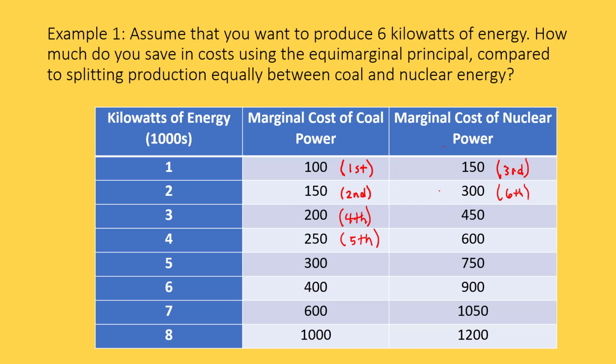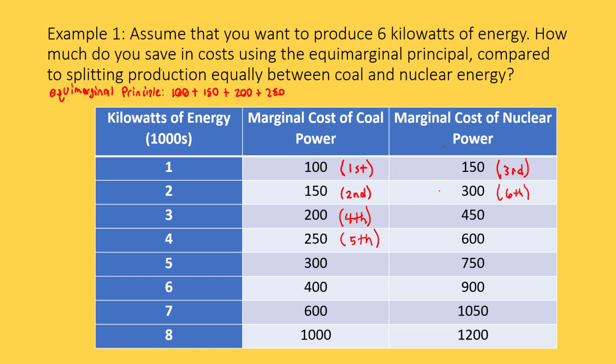Again, if we wanted to use this equal marginal principle to calculate our total expense, then we just got to add up these costs. So we got 100 plus the 150 plus the 200 plus the 250.